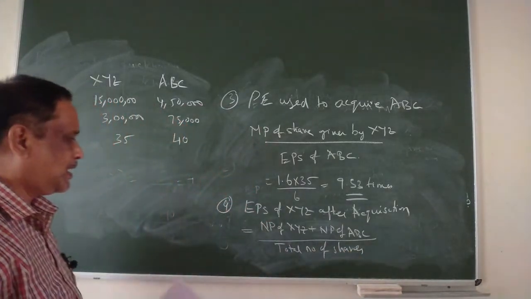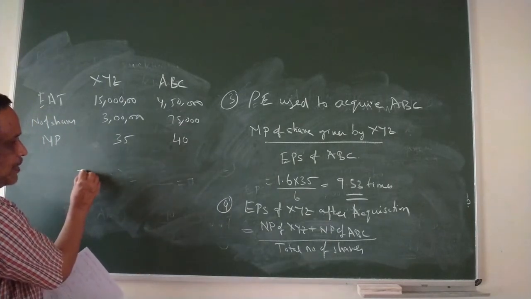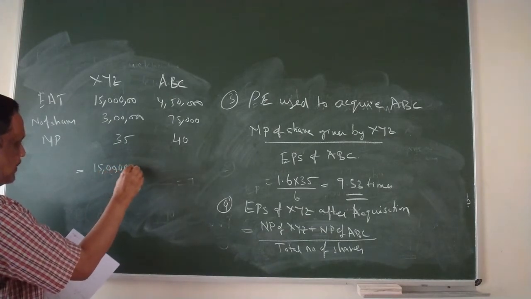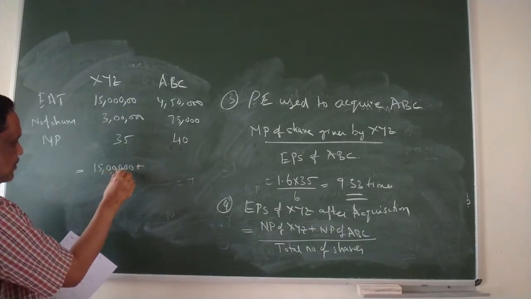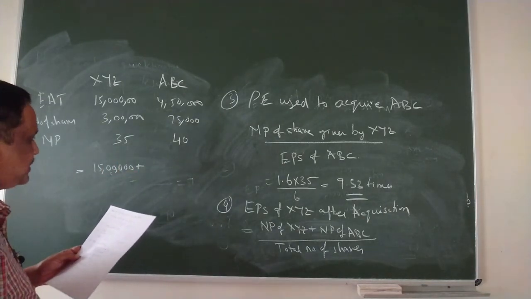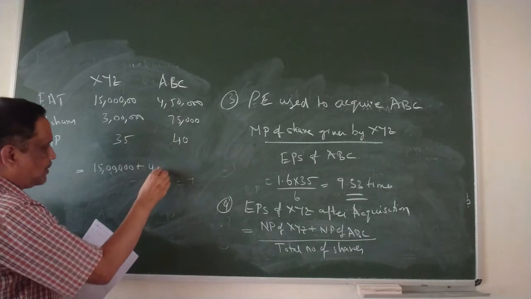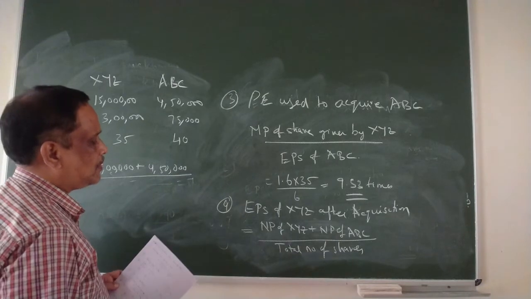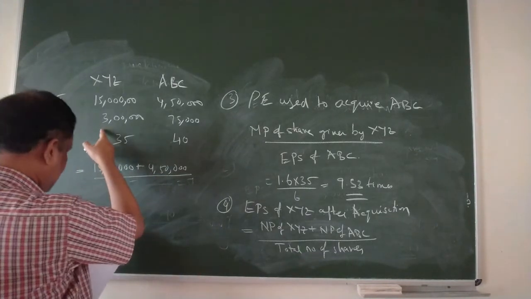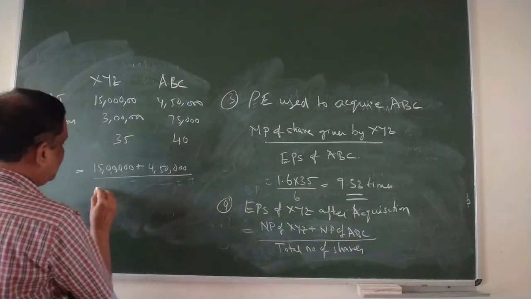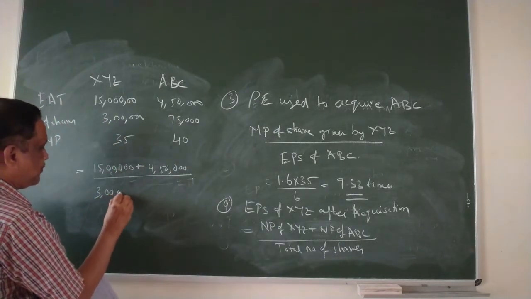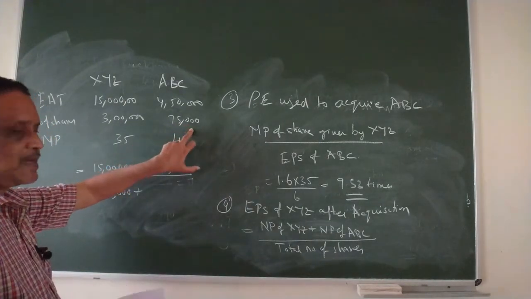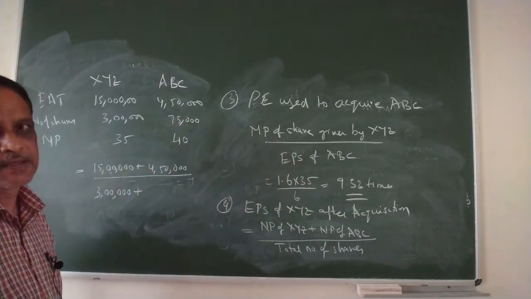We also know that company XYZ net profit is 15 lakhs, and company ABC net profit is 4,50,000, divided by total number of shares. The original number of shares for XYZ is 3 lakhs plus, for 75,000 shares, they are going to pay 1.6 extra.